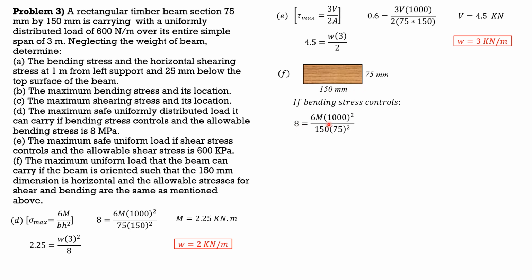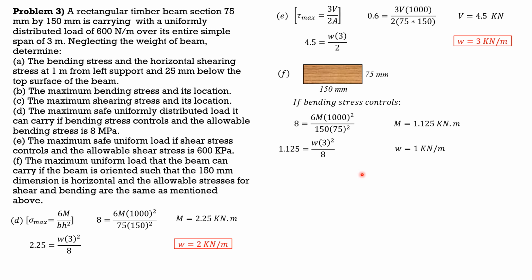So 8 equals 6M, assuming M in kilonewton meter, so times 1000 square, over 150 times 75 square. M in kilonewton meter is equal to 1.125 kilonewton meter, and we equate that to WL square over 8, or W times 3 square over 8. So 1.125 equals W times 3 square over 8. So W is equal to 1 kilonewton per meter.